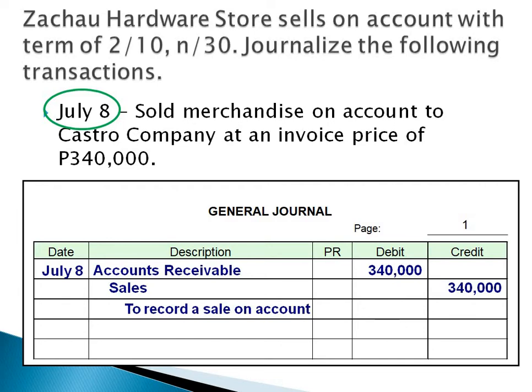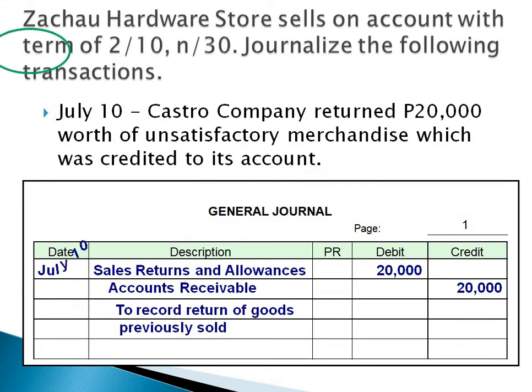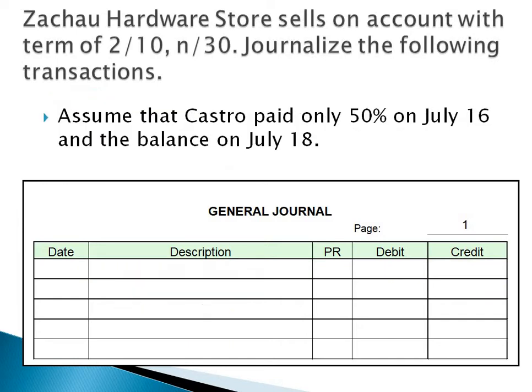And then another one was on July 10, where we credited accounts receivable for 20,000. So, 340,000 debit minus 20,000 credit equals 320,000 balance of the accounts receivable before this transaction on July 16, where Castro made 50% payment.